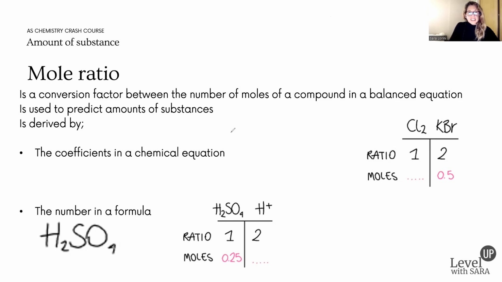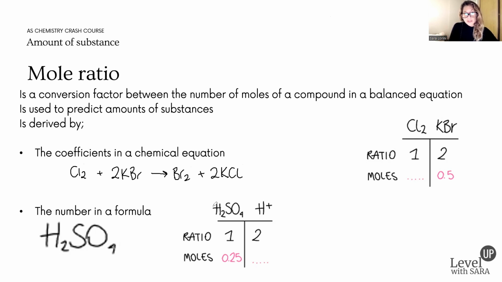So in a chemical equation, let's take an example of this equation: Cl2 reacting with 2KBr to give Br2 and 2KCl. This equation needs to be balanced because, of course, we always need to have the same number of elements or atoms on both sides of the equation.